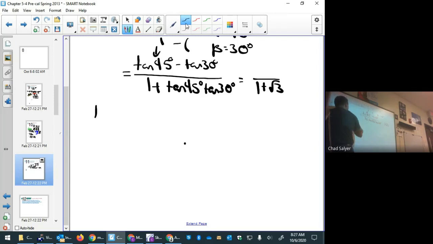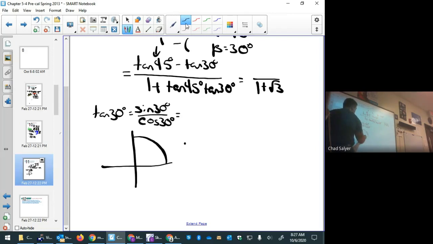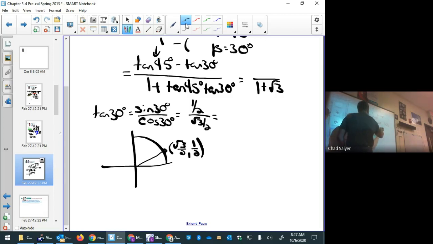Anyway, so the tangent of 30 is the sine of 30 over the cosine of 30. And you see from here that's 1/2 divided by square root of 3 over 2, which is 1 over the square root of 3, which is radical 3 over 3.